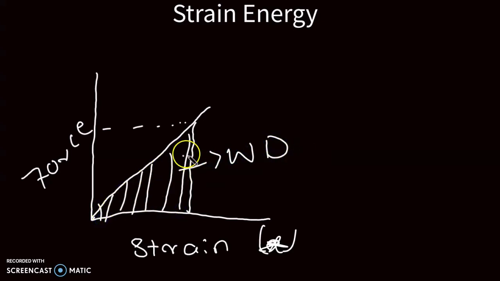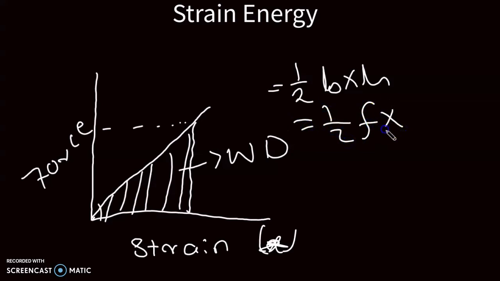We can see that this is a triangle. How do we calculate the area of a triangle? We say half times the height times the breadth, which is equivalent to what we had for strain energy, force times X. In this case, the height will be the force, and the breadth will be the change in length, which is X.